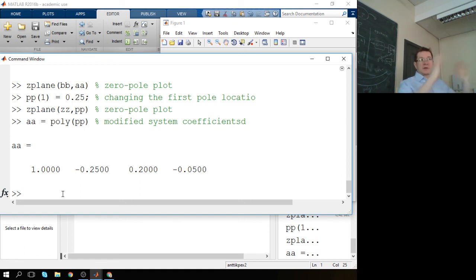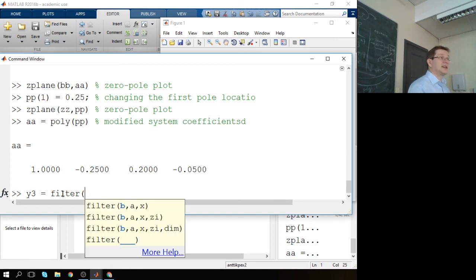Okay, zeros, poles, transfer functions, difference equations. The next step would be to have, say, any signal and see what it does for the system. So these are the system coefficients A and B. We can, for example, filter x1 and see what happens. Oh, wait a minute, let's make it more interesting. X3 was the one which started at the point 0.